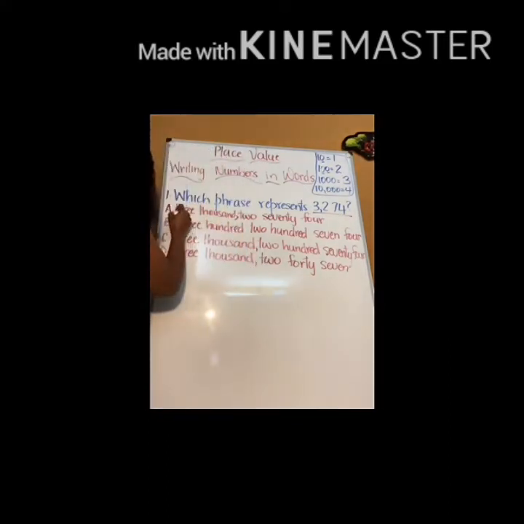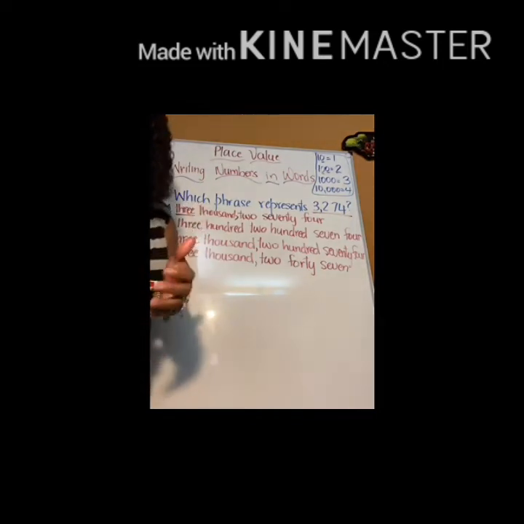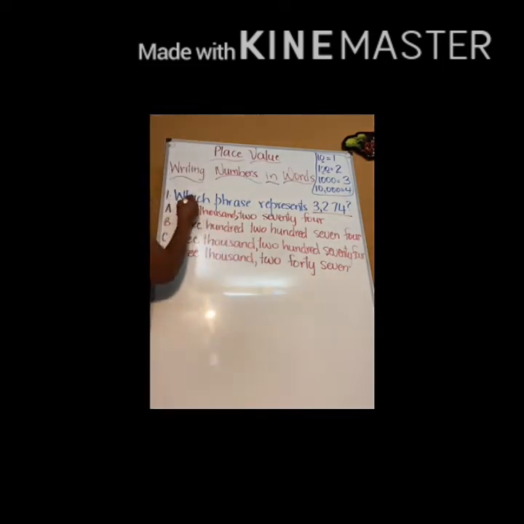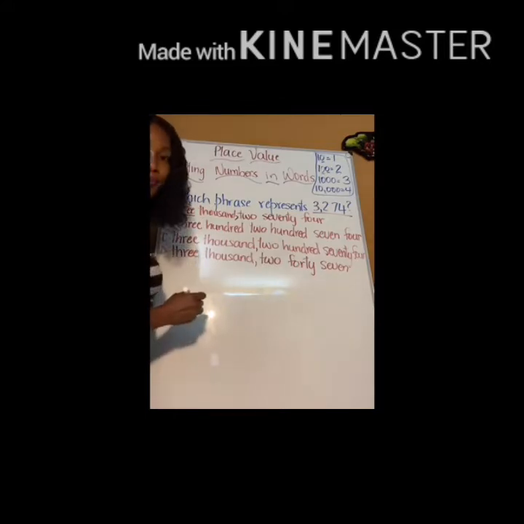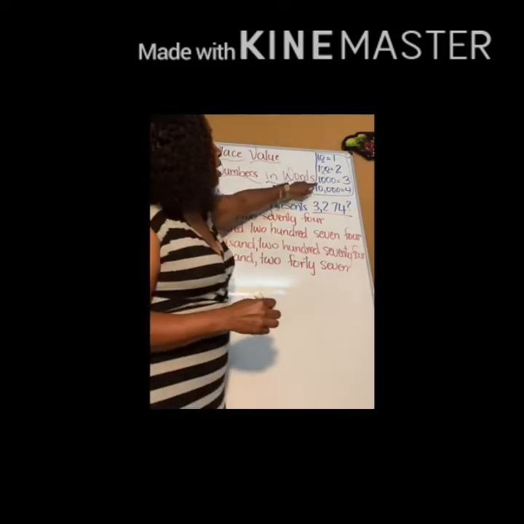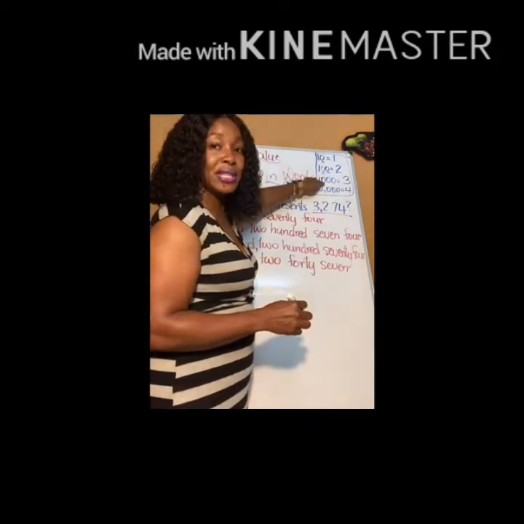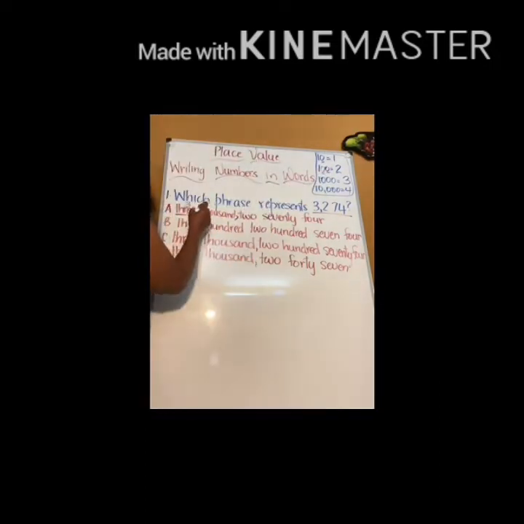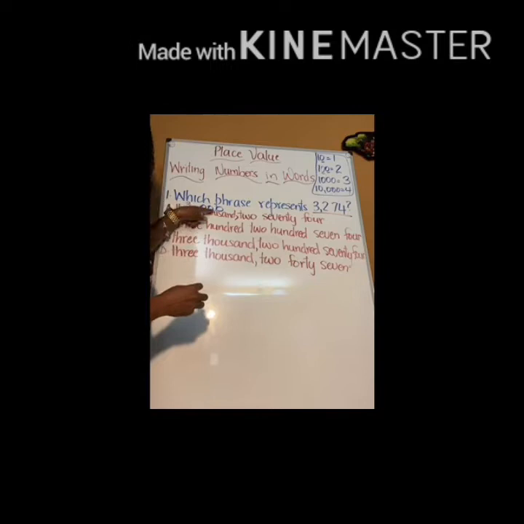So this says 3. I'm going to write 3. The numeral 3. This says 1,000. I need to remember how many zeros are in 1,000. It is 3. So I'm putting my 1, 2, 3 zeros. So right there I have 3,000.